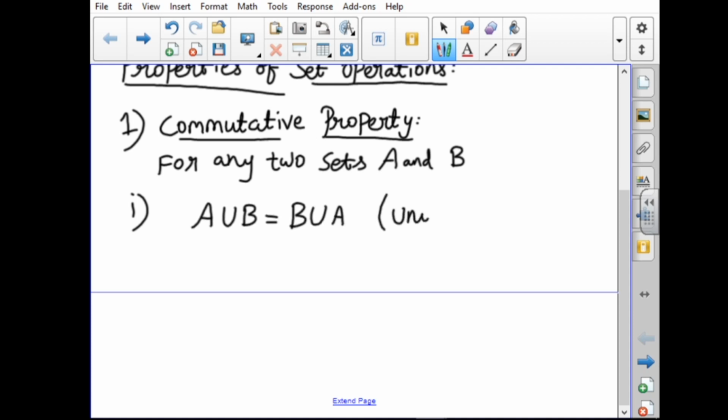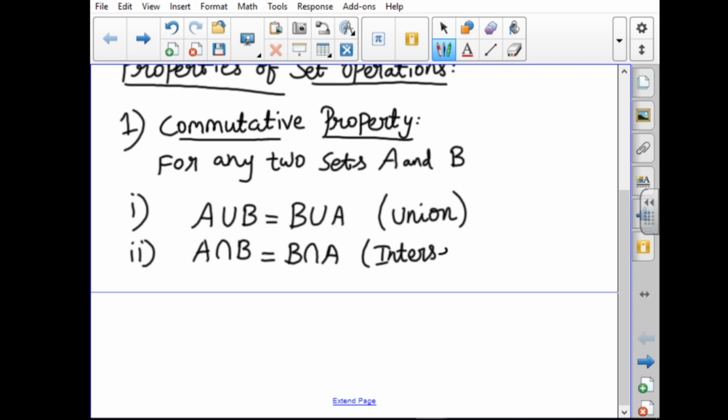Then the second one, intersection. In the same way, A intersection B is equal to B intersection A. So this is for intersection.